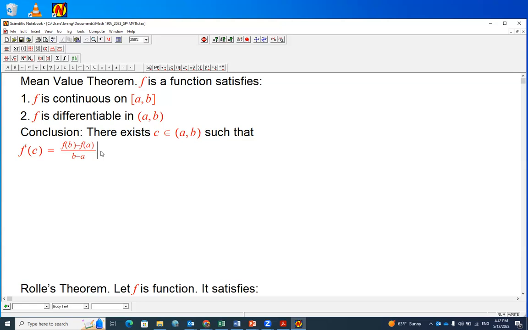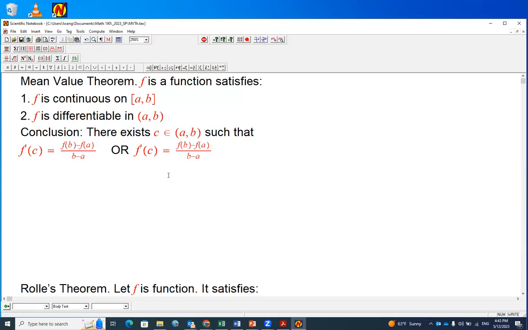And oftentimes we might be using the equivalent statement, obtained by multiplying both sides by b minus a, provided b is not the same as a. The other form that is often used is the derivative of f at c equals that.